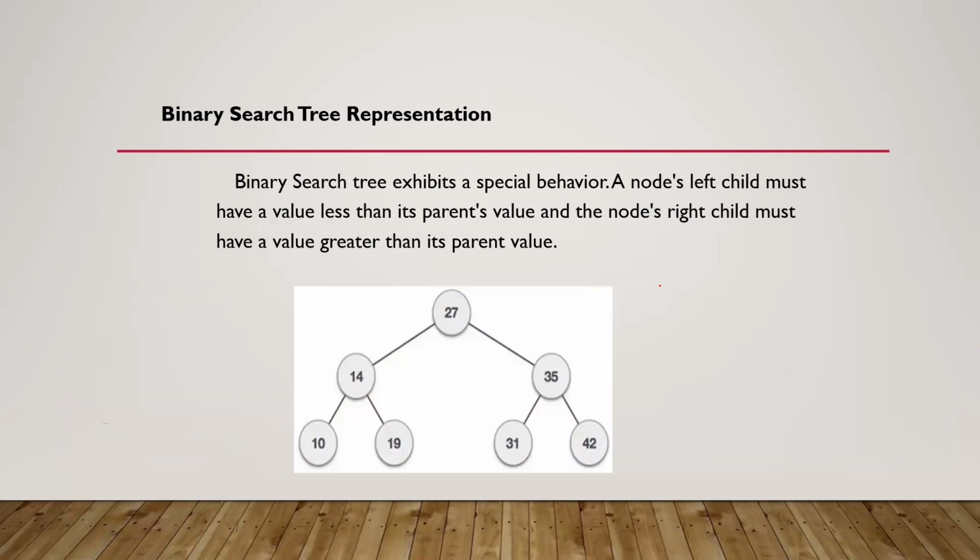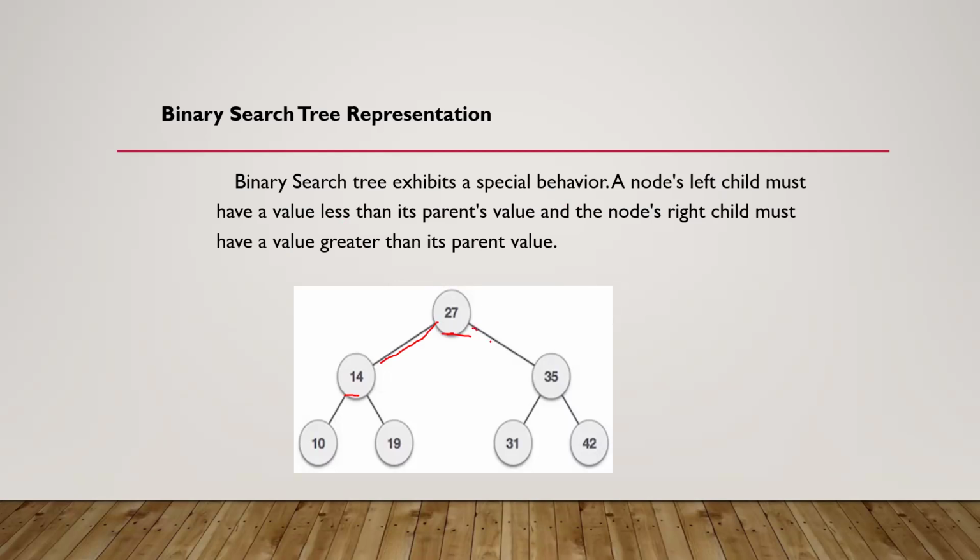Next one, binary search tree representation. So how will a binary search tree be? A binary search tree exhibits a special behavior. A node's left child must have a lesser value. For example, here this is the root, 27. On this left side, it must be a lesser value compared to this 27. So 14 here.